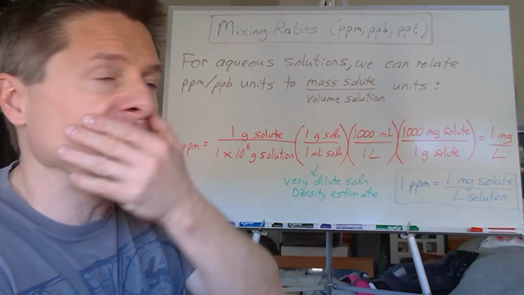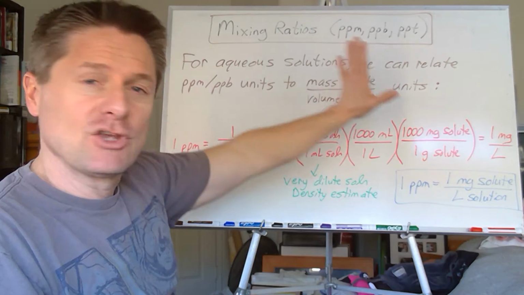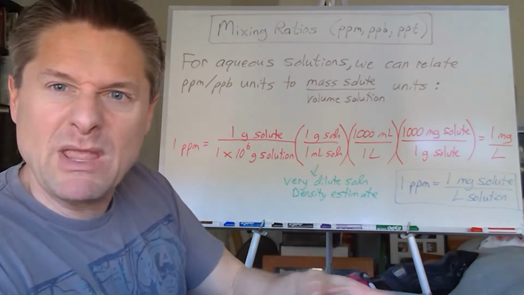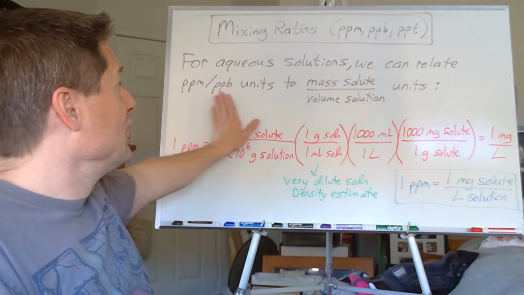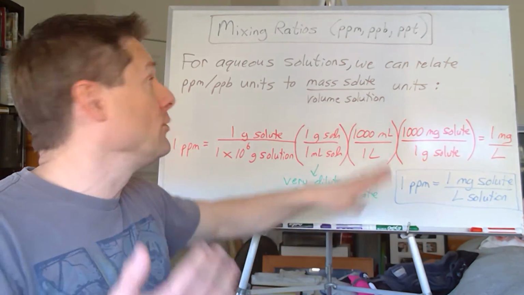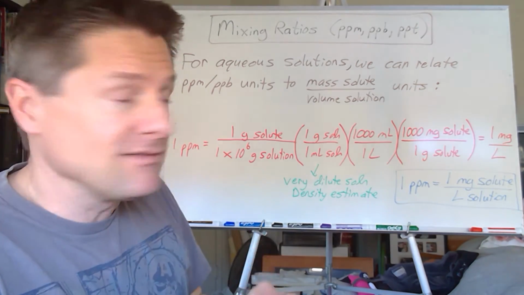That makes more sense for atmospheric chemistry. So let's relate these mixing ratios or relative concentrations in ppm, ppb, whatever, to something more comfortable for us, like mass of solute over volume of solution.